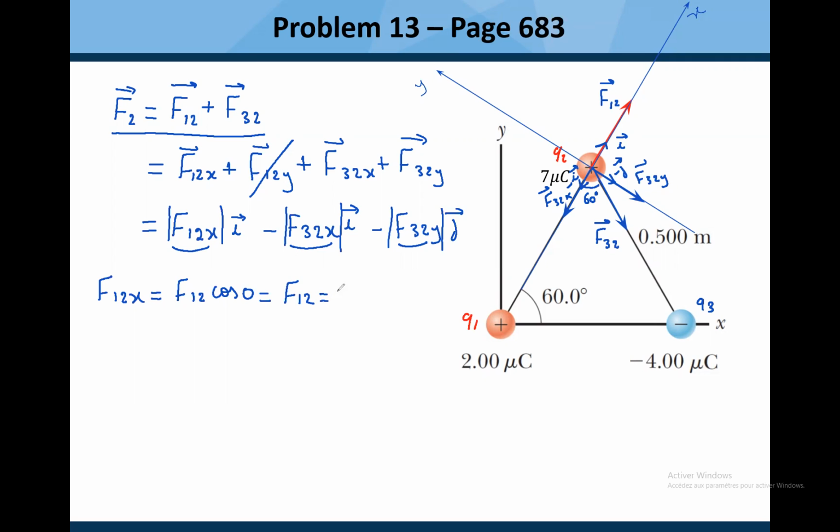We can write directly its value: k e q1, where q1 equals 2 times 10 to the minus 6 coulomb, times q2 equals 7 times 10 to the minus 6 coulomb, divided by the distance squared. The distance is 0.5, because we said it's an equilateral triangle, so the distance squared is 0.5 squared.